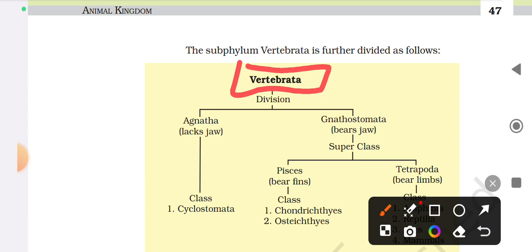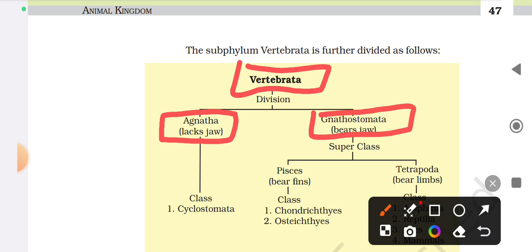Now, vertebrata is divided into two divisions. The first one is agnatha and the second is gnathostomata. Dear student, agnatha, those organisms which didn't have jaw, that means jawless, lack of jaw. Obviously, when they didn't have jaw, they are dependent on others, they are parasites, and they are actually ectoparasites.